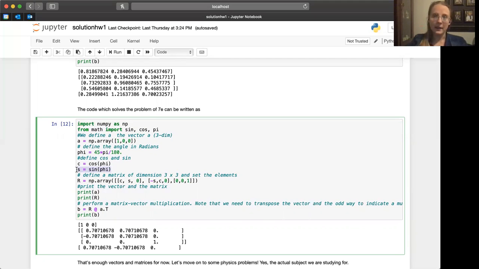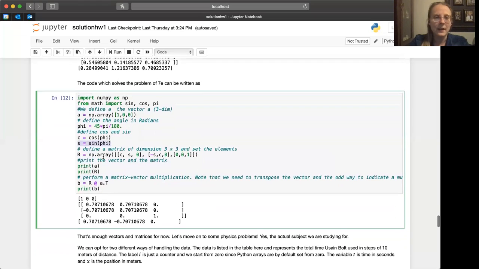And then finally, going forward, you can define a 2D array or a matrix, depending on which one you prefer, with this being the first row, this being the second row, and this being the third row. And if you go back and look at the rotation matrix from part 6, that should match it exactly.